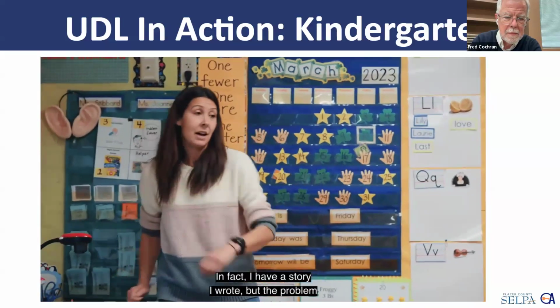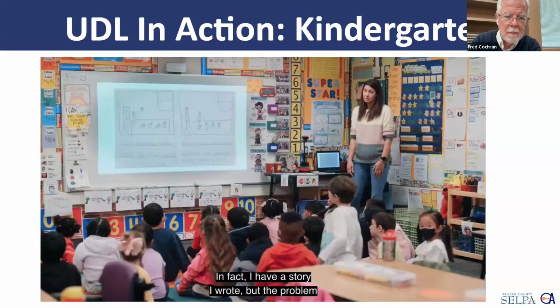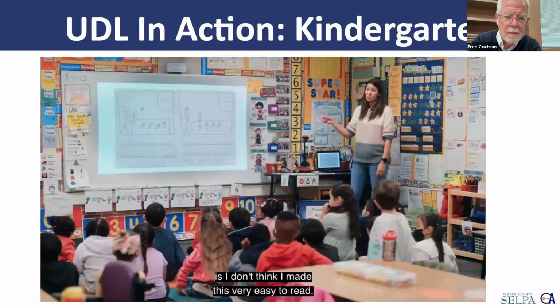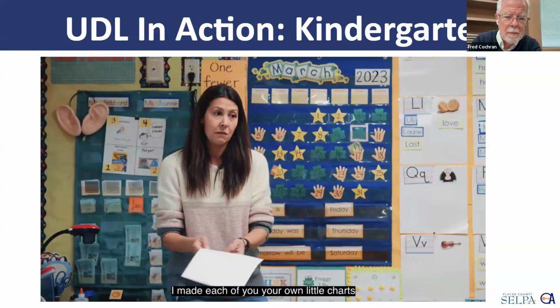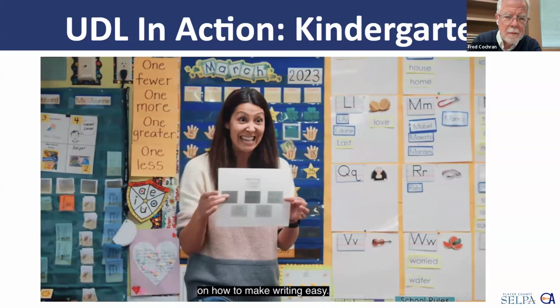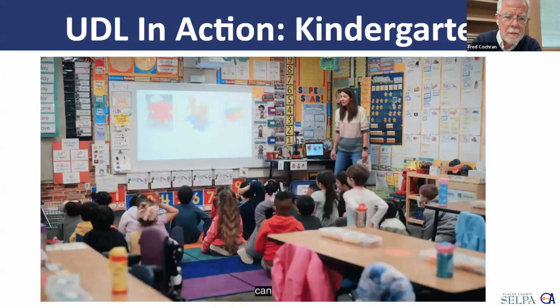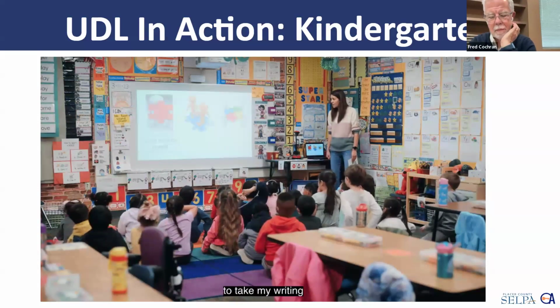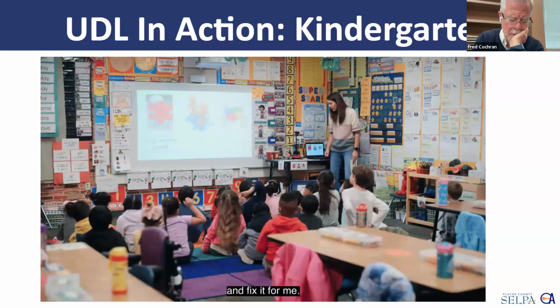In fact, I have a story I wrote. But the problem is, I don't think I made this very easy to read. I made each of you your own little charts on how to make writing easy. You can work by yourself to take my writing and fix it for me. And guess what?